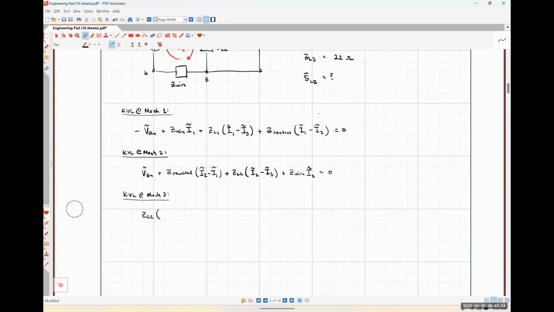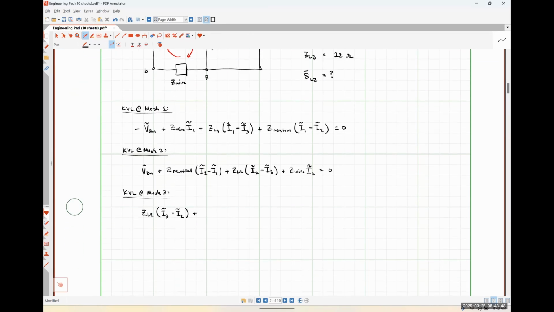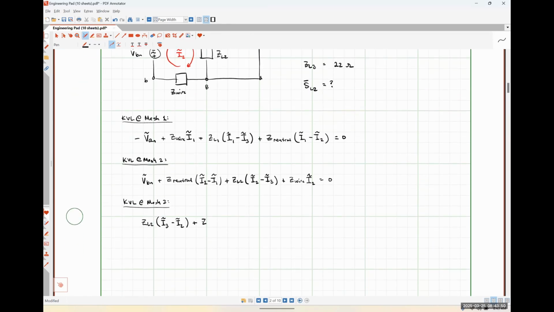I3 minus I2. Great job. What's the next thing that we're going to have? ZL1, okay. And then what's the current flowing through ZL1? I3 minus I1, thank you.